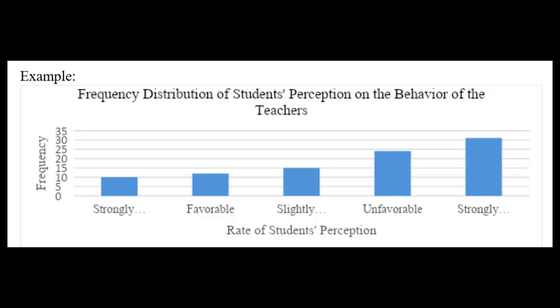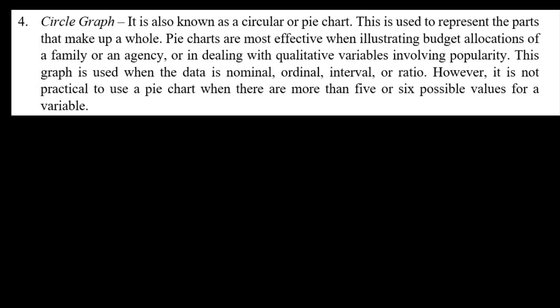We have strongly favorable, favorable, slightly favorable, unfavorable, and strongly unfavorable. It is also known as a circular or pie chart. This is used to represent the parts that make up a whole.